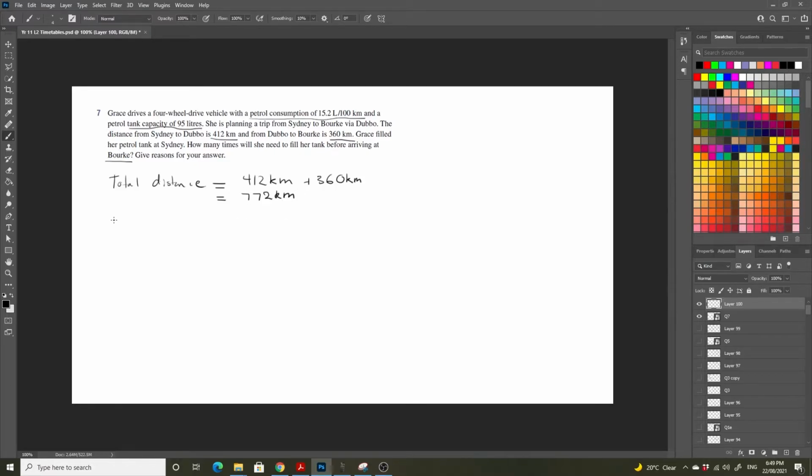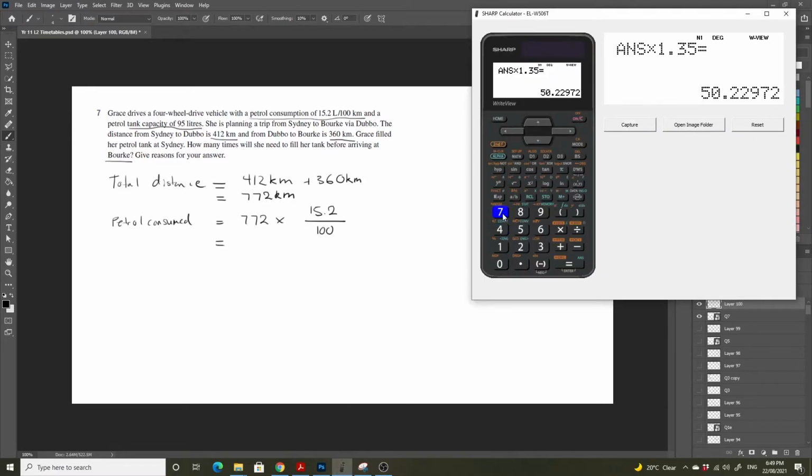So petrol consumed is equal to 772 times 15.2 divided by 100.